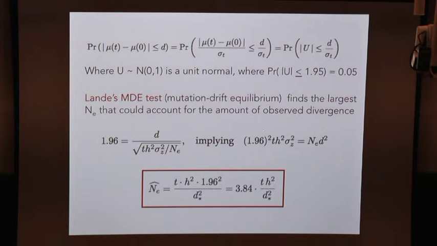You can then rearrange this and basically say, if I express the divergence in terms of phenotypic standard deviations, NE then has to be less than about 4t times the heritability in order for drift to account for that amount of divergence. If your actual NE is bigger than this critical value, you can rule that out.